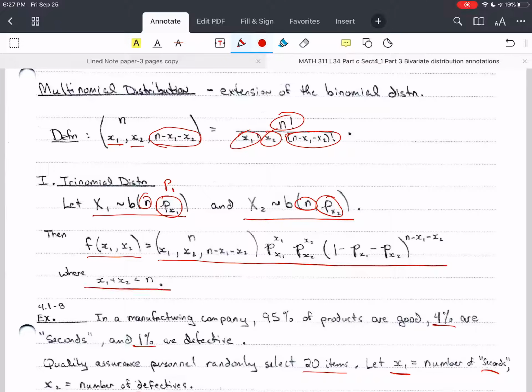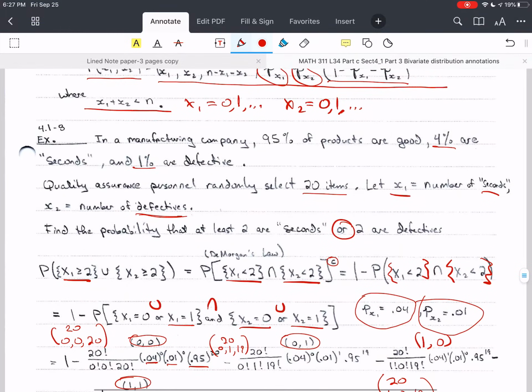And don't forget x1 plus x2 is less than or equal to n, and x1 equals 0, 1, etc., and x2 equals 0, 1, etc. It's just like a binomial. So we have p of x1 raised to the x1, p of x2 raised to the x2, and then the remaining probability raised to the remaining number of trials.